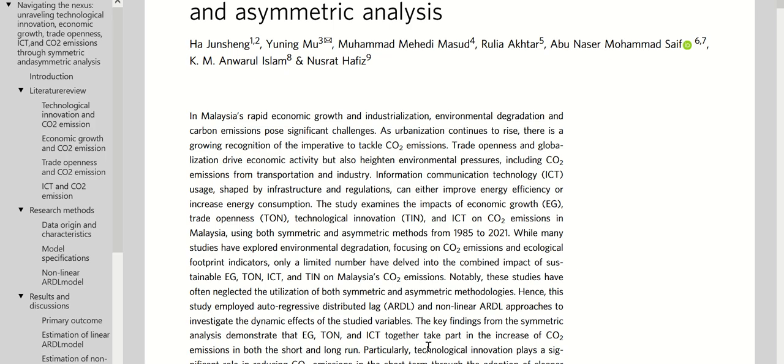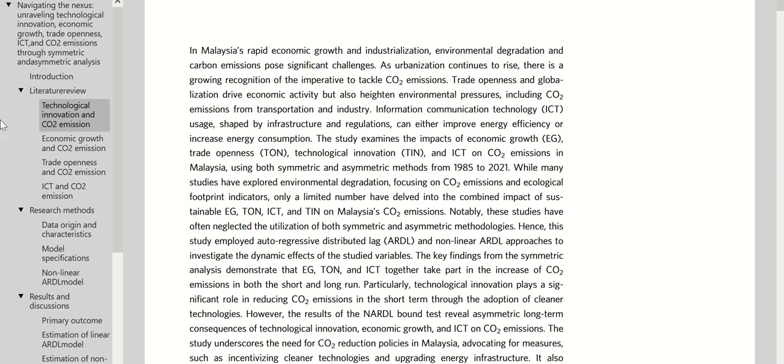Particularly, technological innovation plays a significant role in reducing CO2 emission in the short term through the adoption of cleaner technologies. However, the results of the NARDL bounds test reveal asymmetric long-term consequences of technological innovation, economic growth, and ICT on CO2 emission.